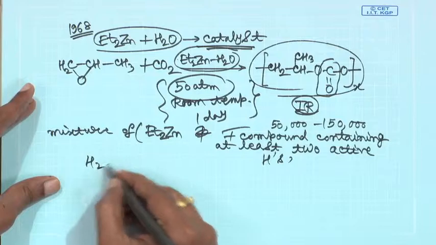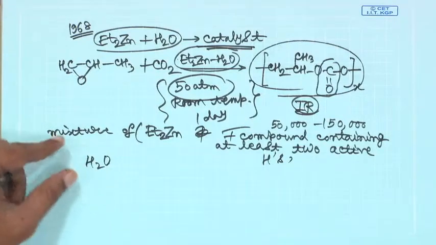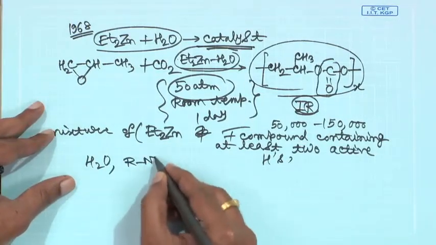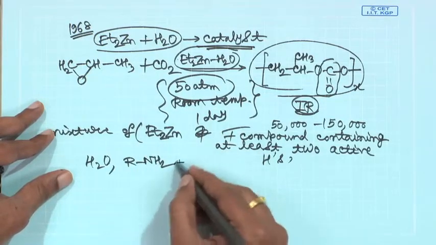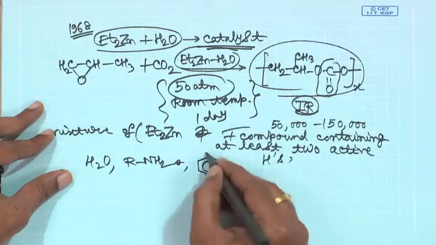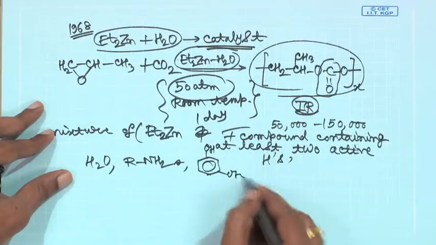So, you could use water, it has 2 active hydrogens. You could use an amine in combination with diethyl zinc, or you could use phenols, resorcinol, and so on and so forth.